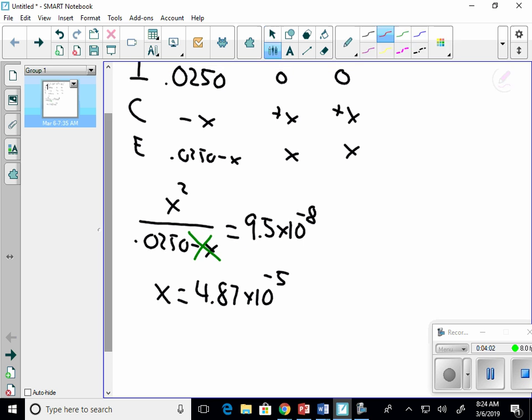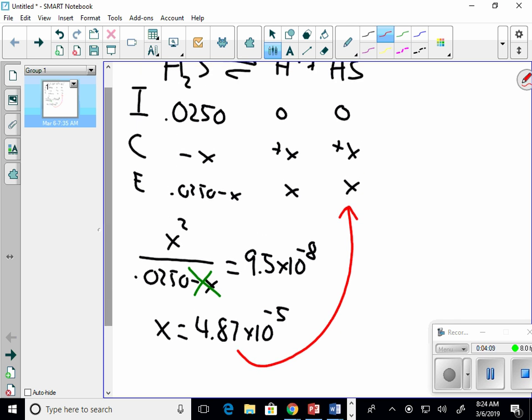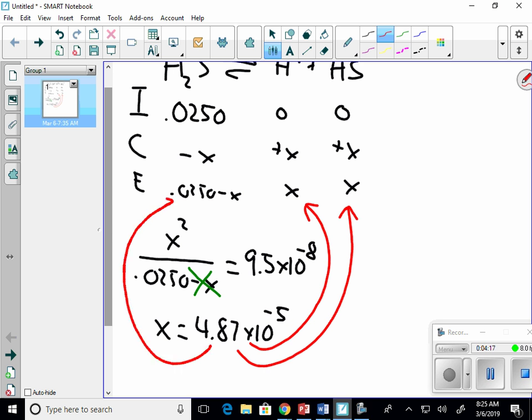Recall what that means. That's how much of the HS minus I have. That's how much of the H plus I have. And if I take that number and subtract it from 0.0250, that would be how much of the original acid remains. Kind of like the problem I showed on the whiteboard from the last web assign question.